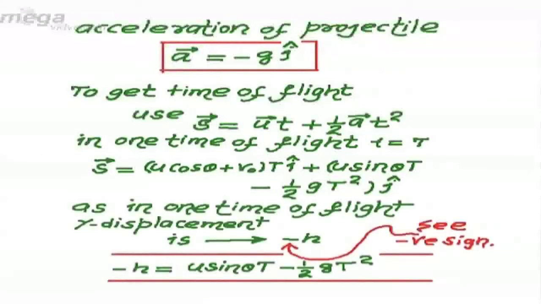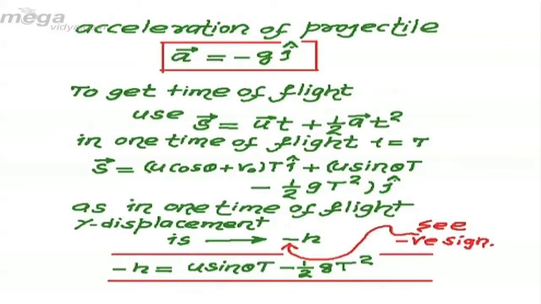So, in one time of flight, the y displacement is minus h. Here, note the sign minus, because the y displacement in one time of flight is equal to minus h. We get an equation, the solution to which leads us to the time of flight. It is a simple quadratic equation which can be easily solved.